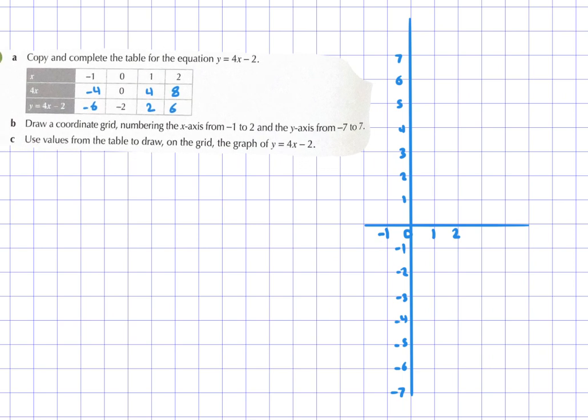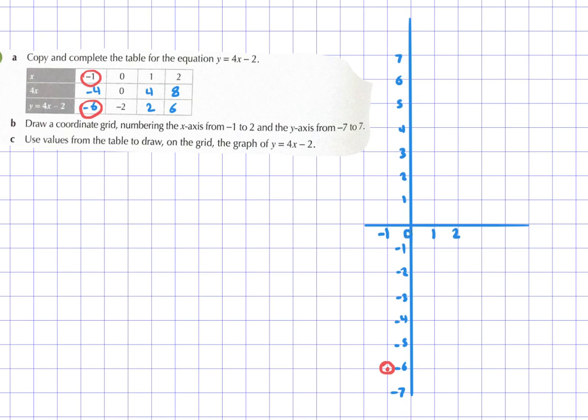Now for the points. The first point is negative 1, negative 6. The second point, 0, negative 2.